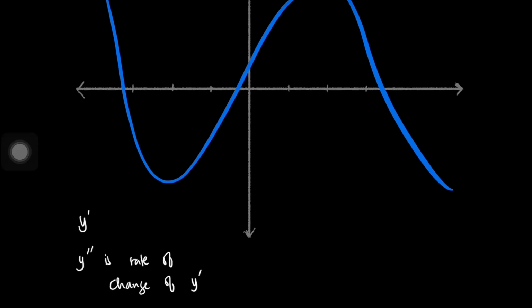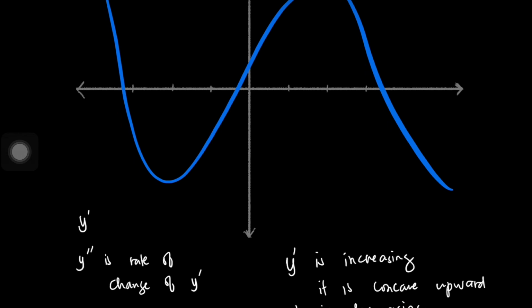So, if the value of y prime is increasing, then it is concave upward. However, if the value of y prime is decreasing, it is concave downward.